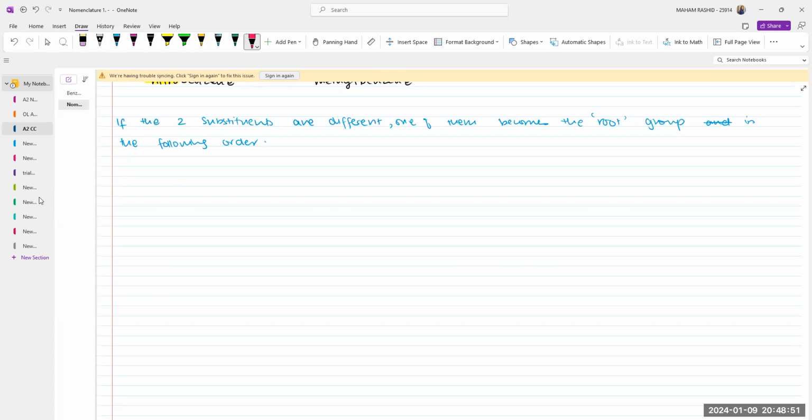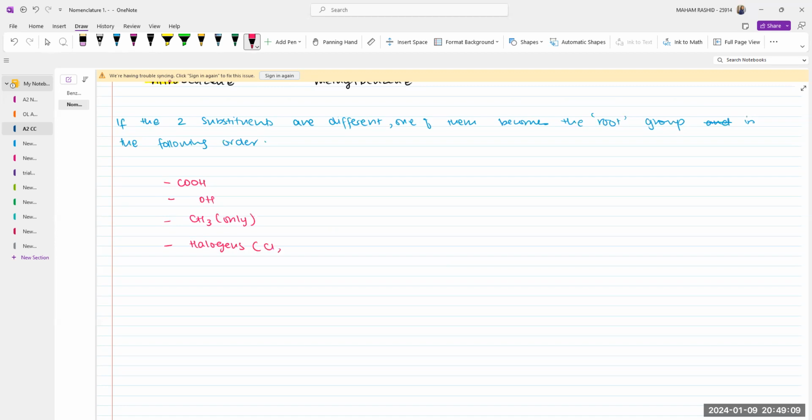Now there is a list which goes according to precedence, right? So first there comes carboxylic acid, then there's the hydroxyl group, then there's the methyl group, then we have halogens.